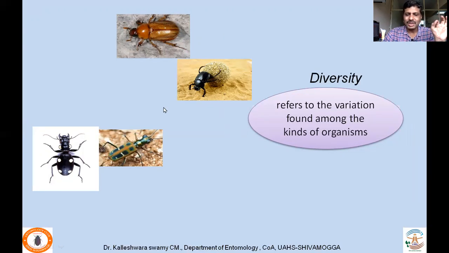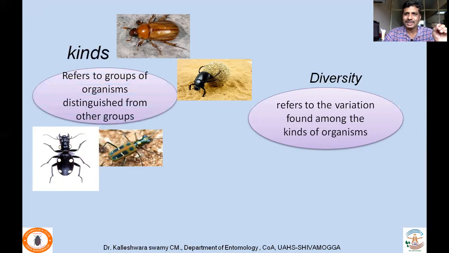That is actually called kinds. As systematics says, kinds and diversities of organisms and their relationship. Kinds refers to groups of organisms distinguished from other groups. We distinguish these two groups based on some characters: antennae, mouthparts, legs. But there is a similarity among these four insects. What is that similarity? They have elytra type of forewings.